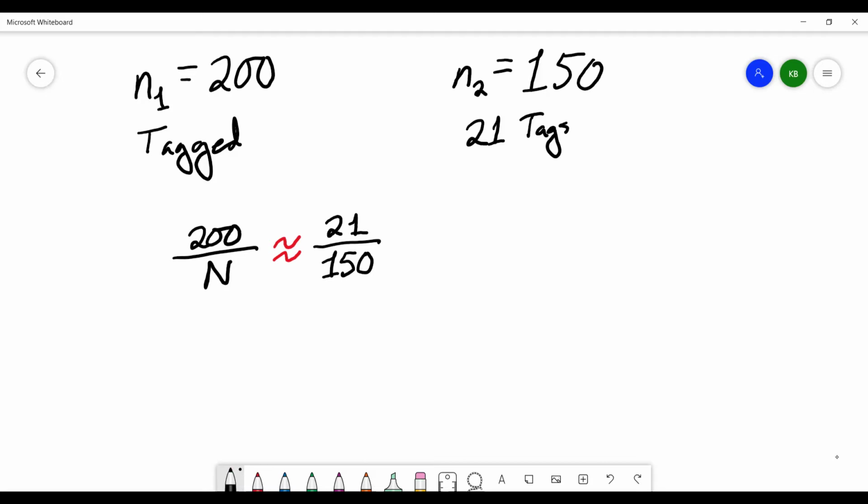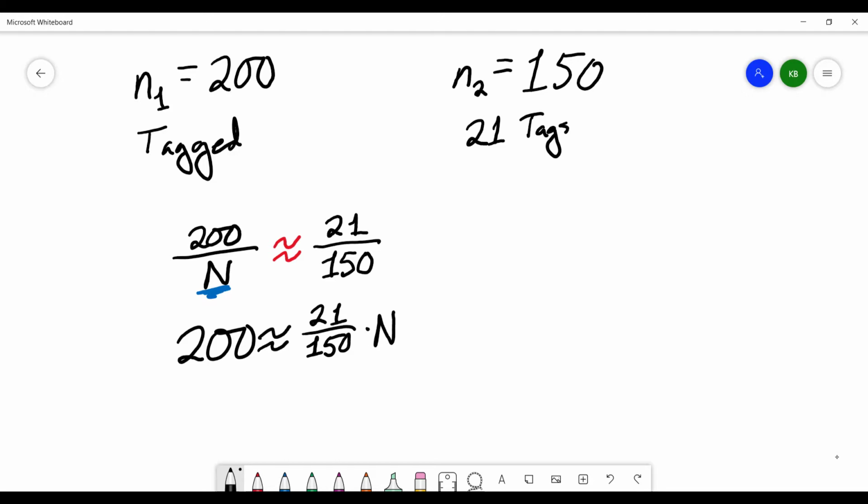When I do this, I have only one variable. I really want to solve for what that population size must be. To do that, I need to multiply by n. So I'll get 200 is approximately 21 divided by 150 times n.